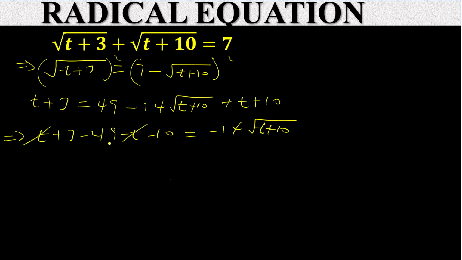So we have minus 59 plus 3, so we have minus 56 equals minus 14 root t plus 10. All right.